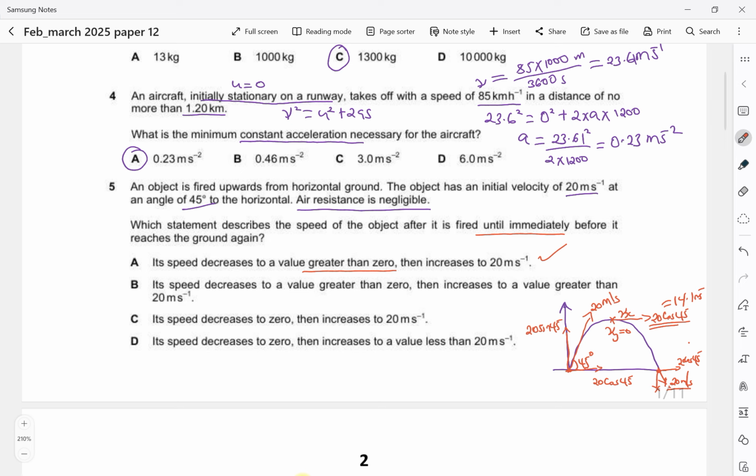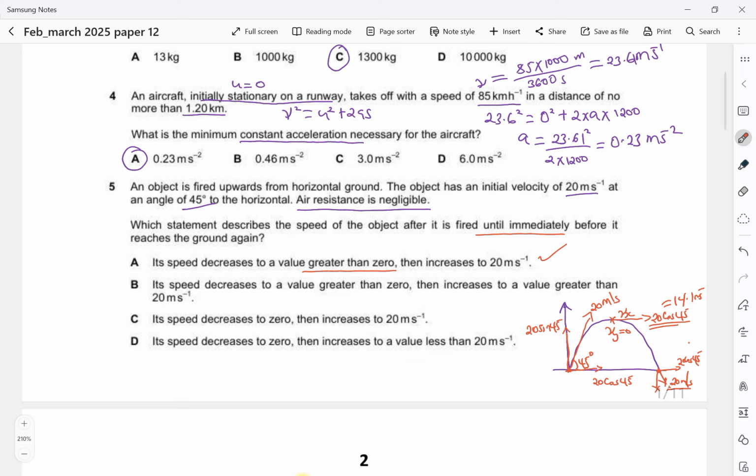Its speed decreases to a value greater than zero, then increases to 20 meters per second. We say that is true. Its speed decreases to a value greater than zero, which is still true, then increases to a value greater than 20 meters per second.